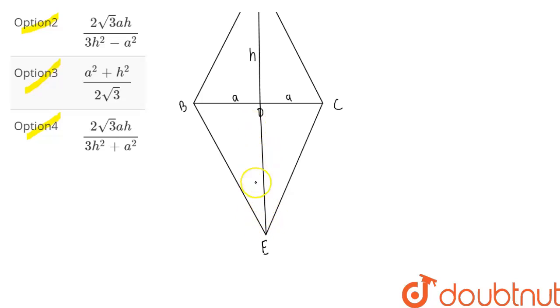But since this is an isosceles triangle, this angle is alpha and this angle is alpha. So we have assumed these angles as alpha.